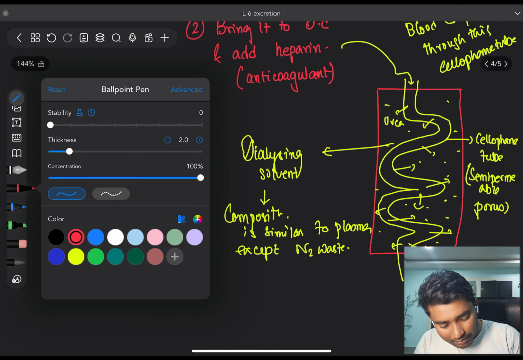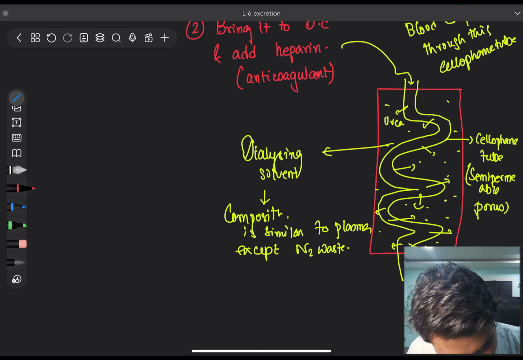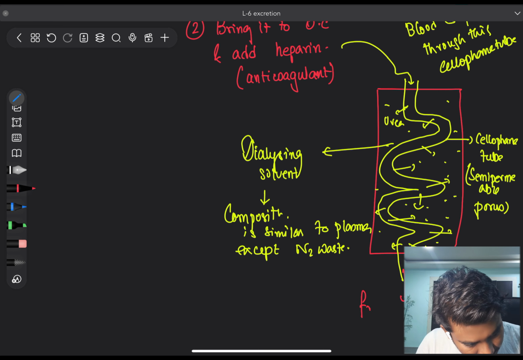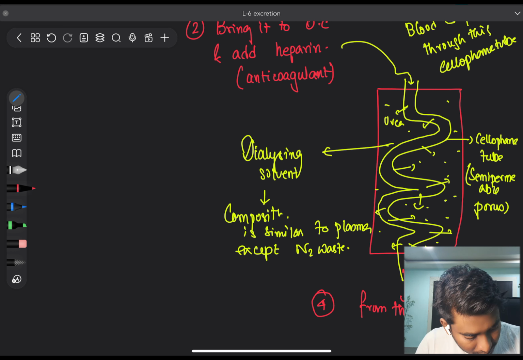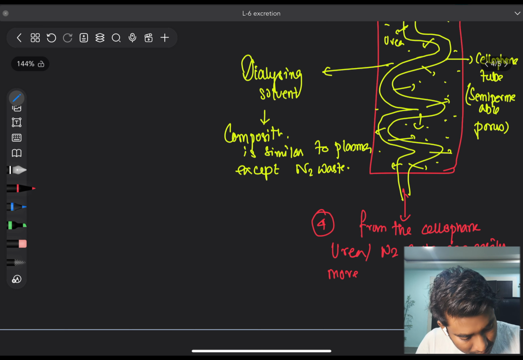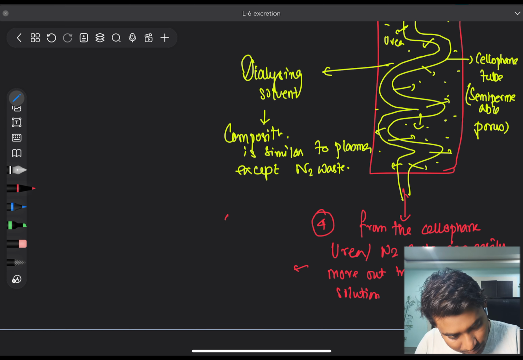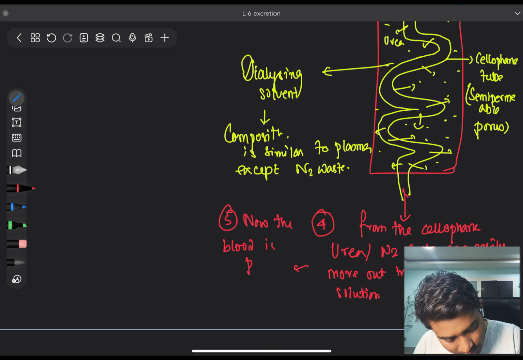Now the blood comes from this side, through the cellophane. Urea and waste can easily move out into the dialyzing solution. What happens? The blood is now purified.